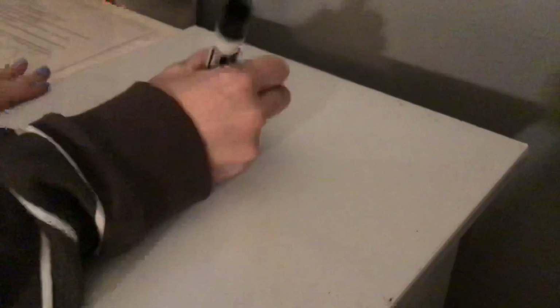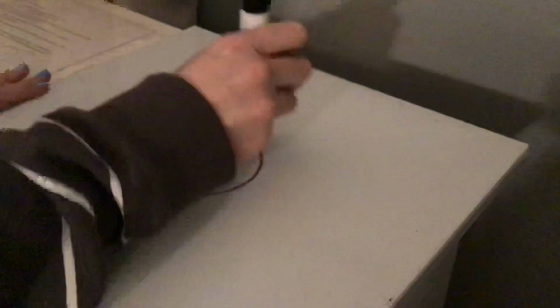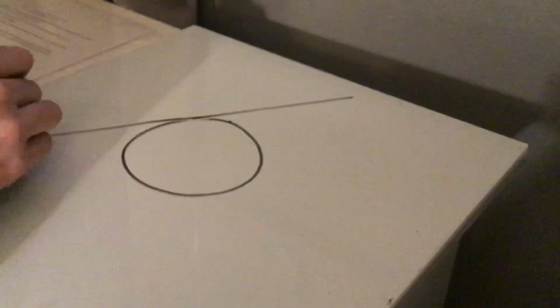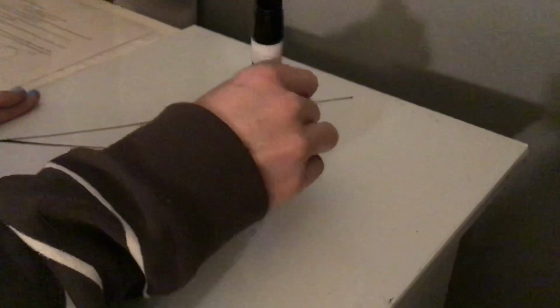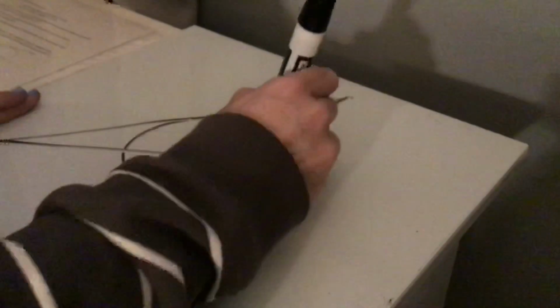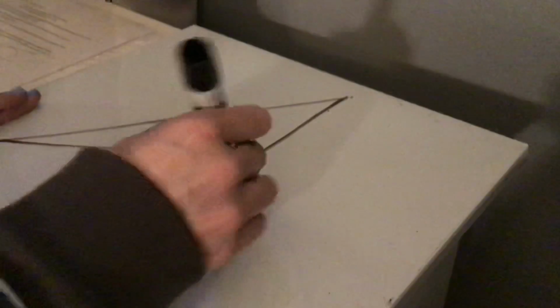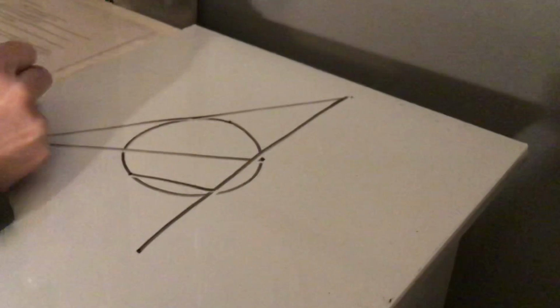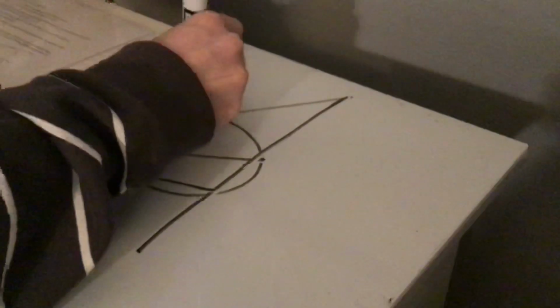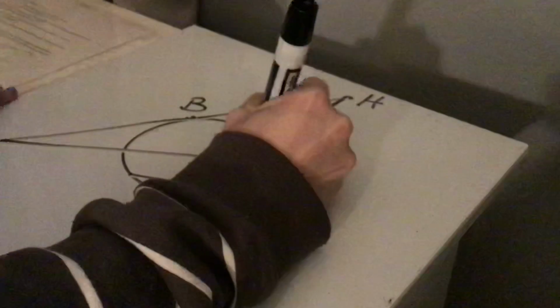Okay. So we're going to look at that image that we have, right? So here is a circle, and then we have a line going this way, line going this way, then one coming down like this, and then another one like this. So here is A, B, H, E, that's on the circle.